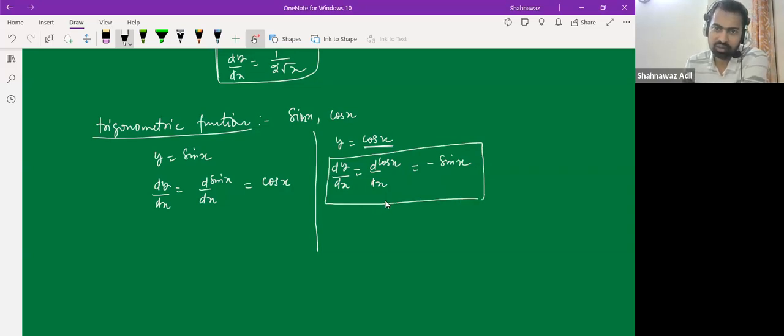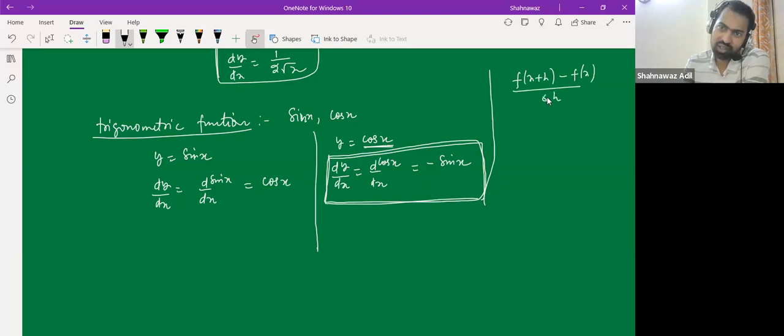Why negative, sir? This is a known result. So this you will learn. Do you have maths in your course? No, you don't have maths. So don't worry about the proof, because then we need to talk about f(x+h) minus f(x) divided by delta h, or delta x, which is h.